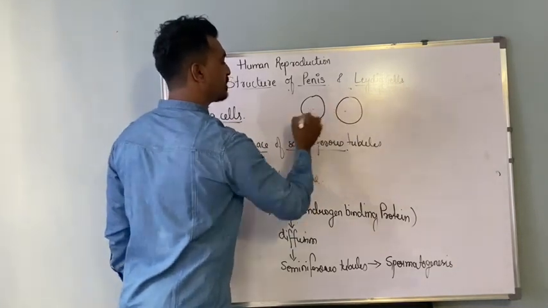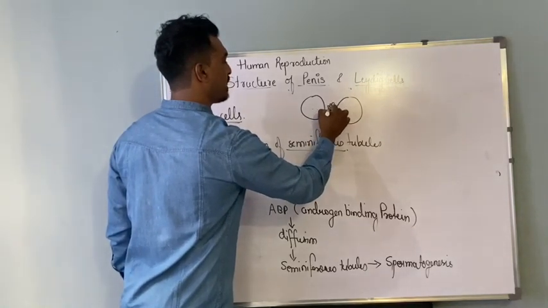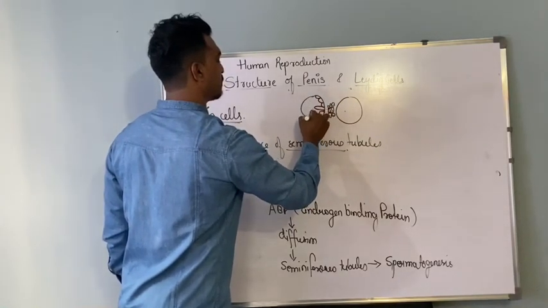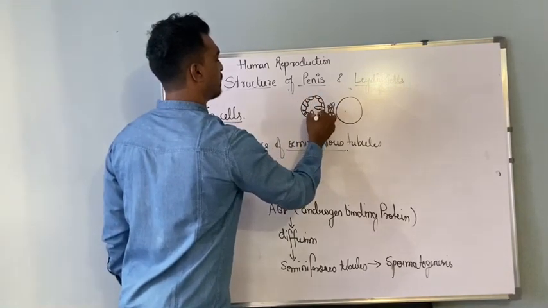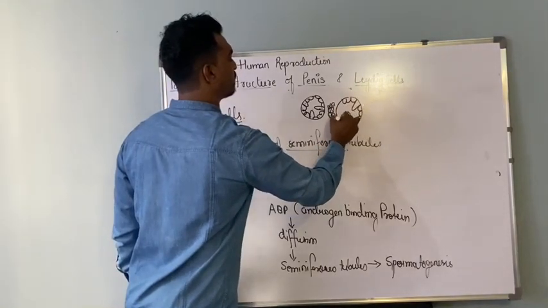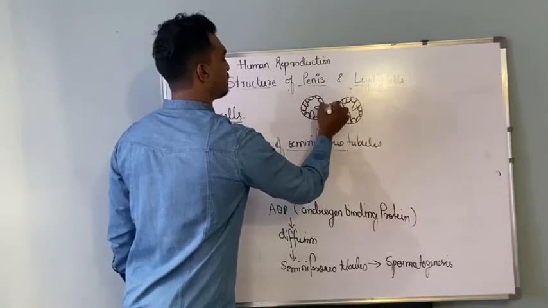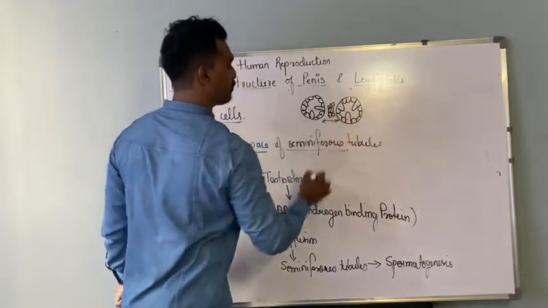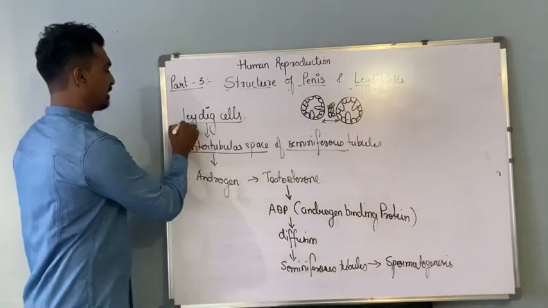Between these two seminiferous tubules there is a mass of cells, and these are called the Leydig cells. This is the space between the two tubules.